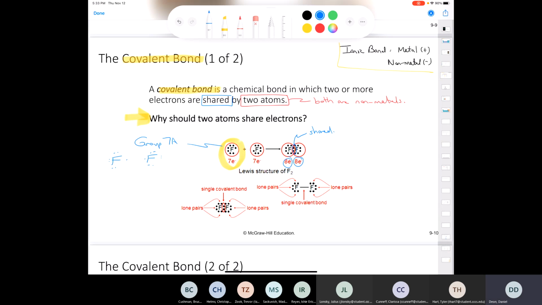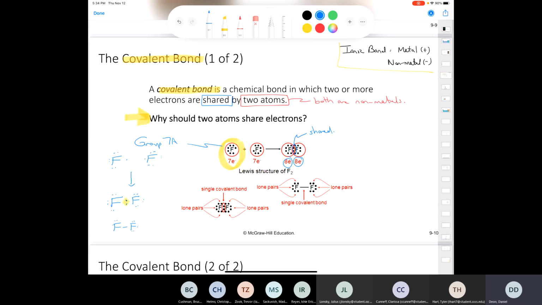Okay, now how do we represent that? Well, instead of always drawing this kind of Venn diagram looking thing, a better way to do that is to show that when the 2 fluorines approach each other, they're going to share the 2 electrons in the middle. The electrons that I'm highlighting, these are the shared electrons. Instead of writing them as 2 dots, we write them as a single dash or a single line in between.